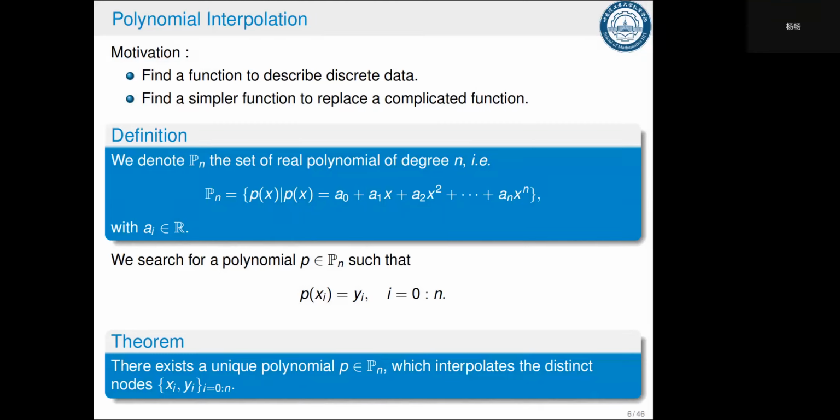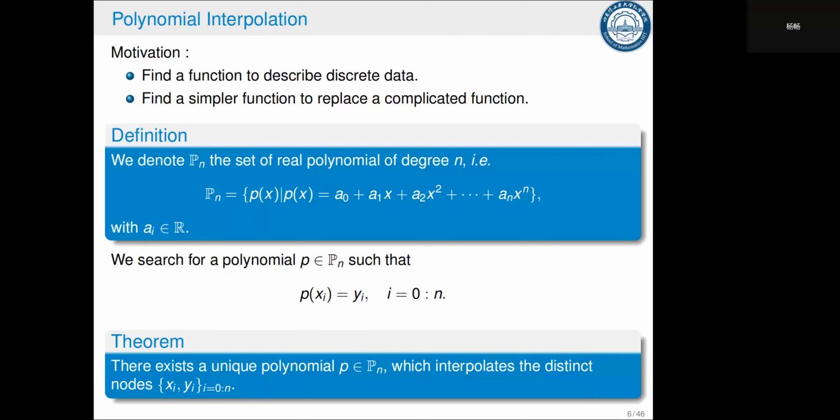For instance, computing the derivative or integration of a polynomial is very easy. This is something basic we learned in your bachelor.